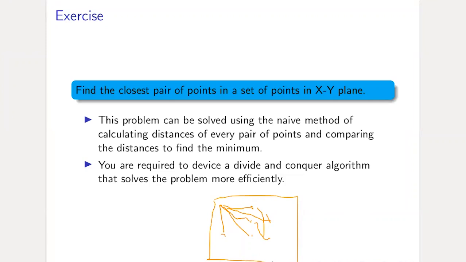Out of these you pick the shortest one, and that would give you the closest pair. But as you can see, that's a very nasty way of doing it, a very computationally expensive algorithm.